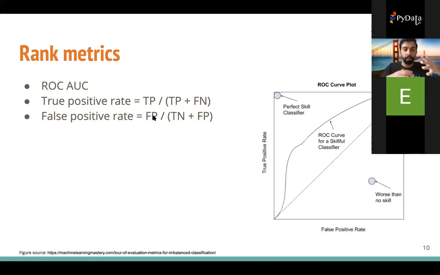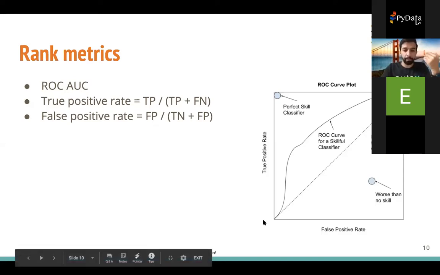And what the ROC curve is trying to see is, as the model makes more correct positive predictions, is it making equally bad false positives, or is it making more true positives than false positives? For example, a random classifier that's not learning anything is going to be characterized by this diagonal.